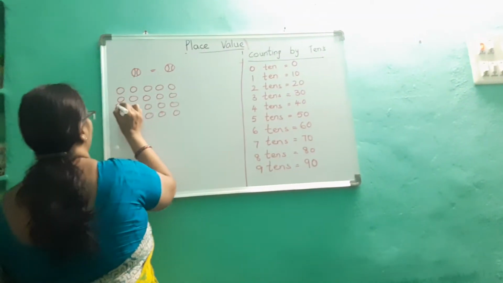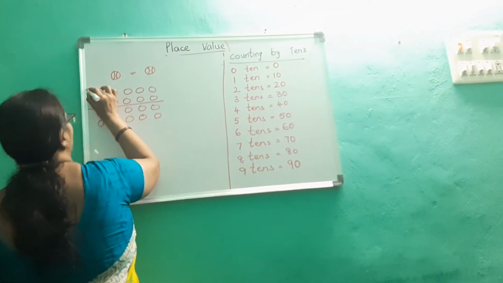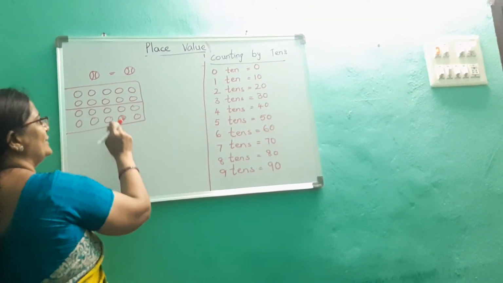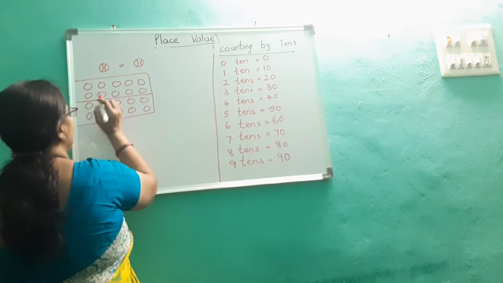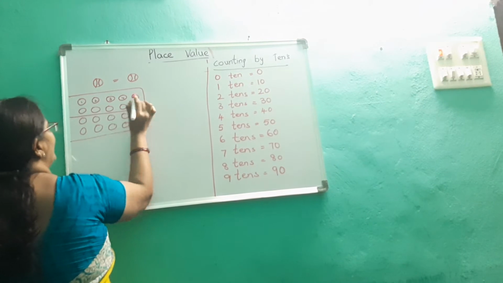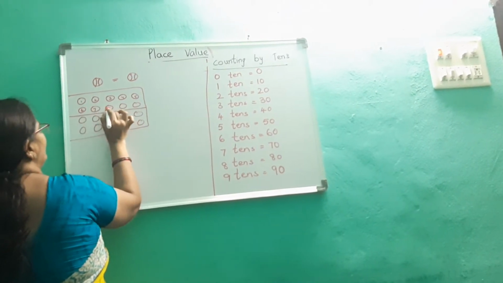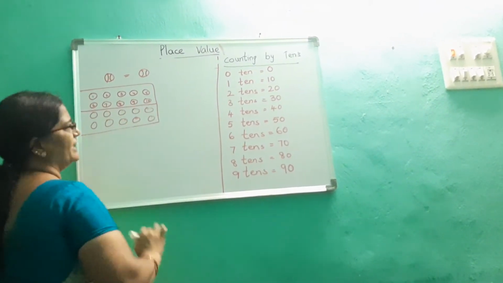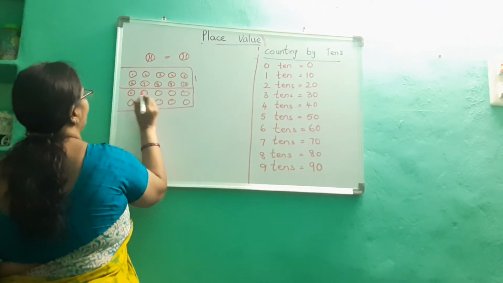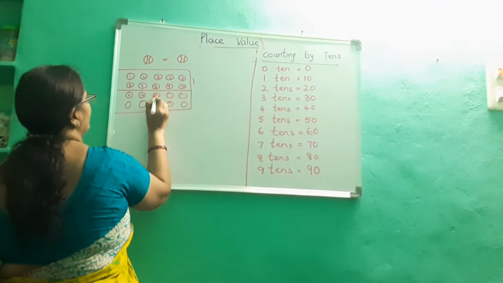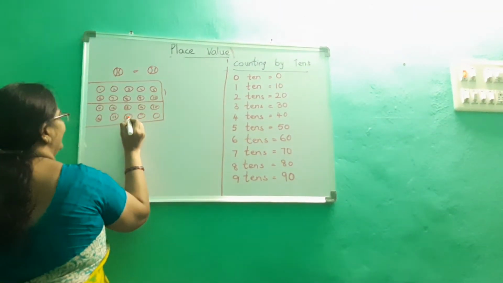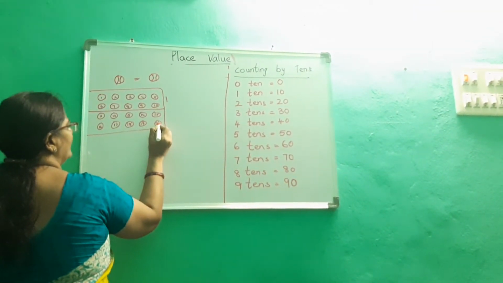Now, here 2 tens, see here. Here 1, 2, 3, 4, 5, 6, 7, 8, 9, 10. This is 1 ten. Now 11, 12, 13, 14, 15, 16, 17, 18, 19 and 20.